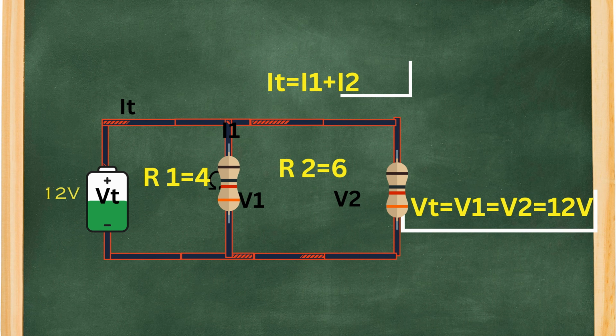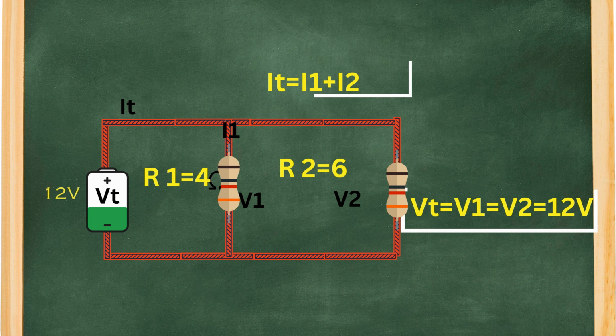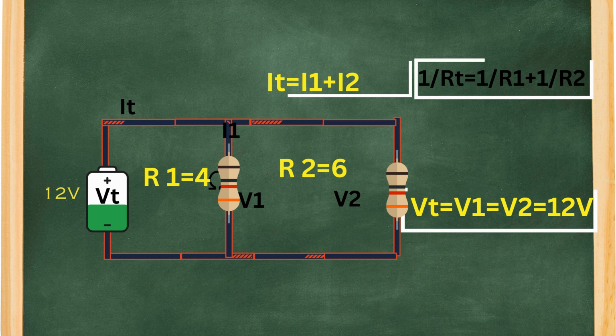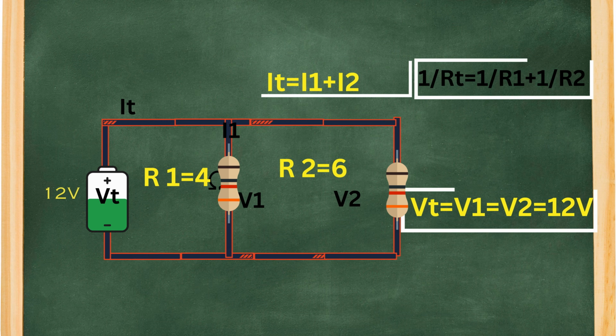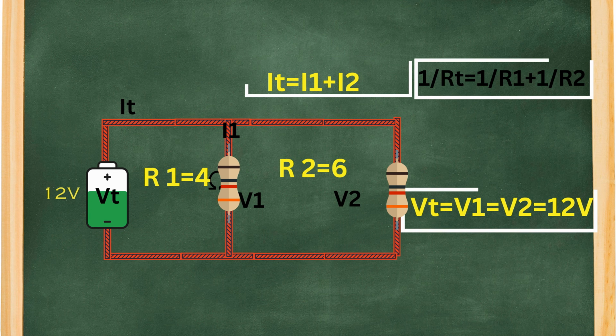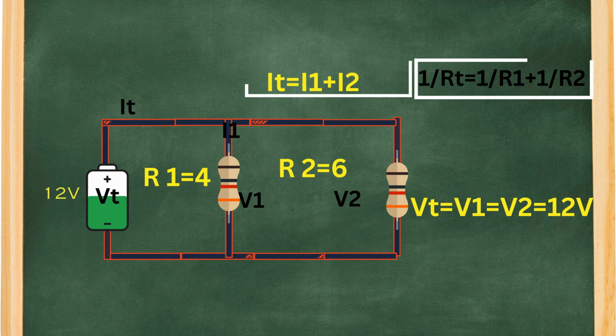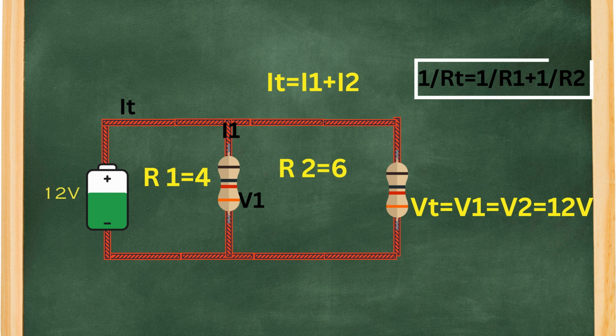I total equals I1 plus I2. The total resistance is found using the formula 1 over R total equals 1 over R1 plus 1 over R2. Let's say we have a 12-volt battery and two resistors, 4 ohms and 6 ohms.